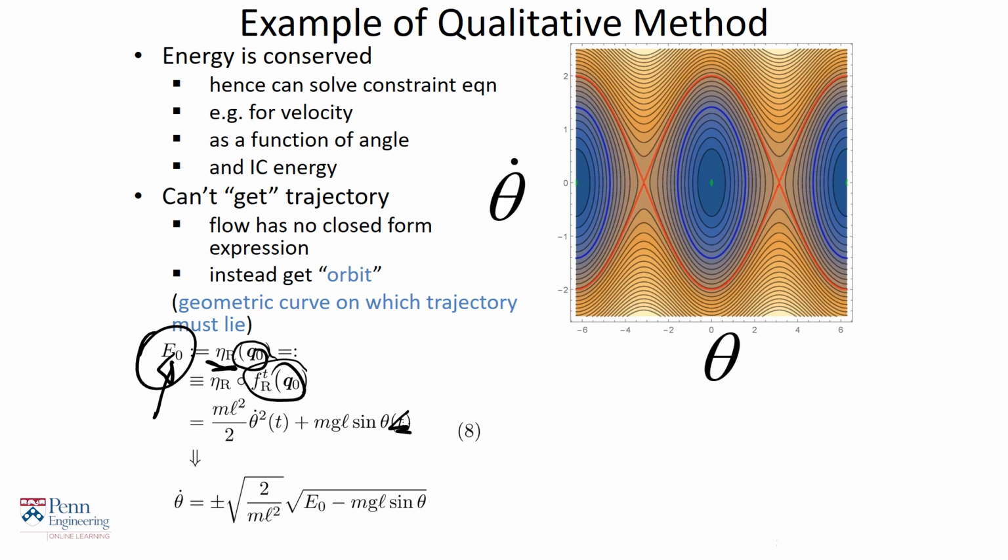I don't know what time it is. Let me not care about time. At whatever time it is, because the position angle theta and the velocity theta dot have this relationship, I can solve this equation for theta dot, and you can see that I can get theta dot as a function of knowing what the initial energy was and knowing what angle we're at.